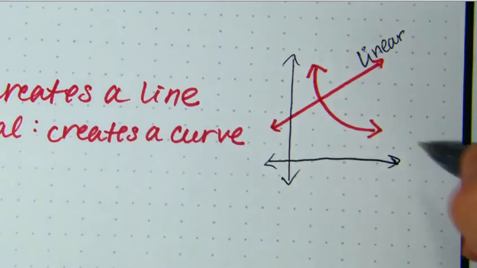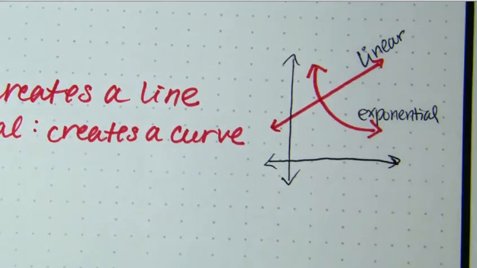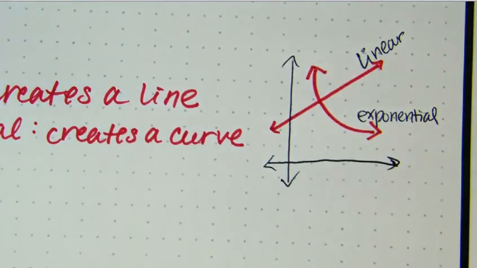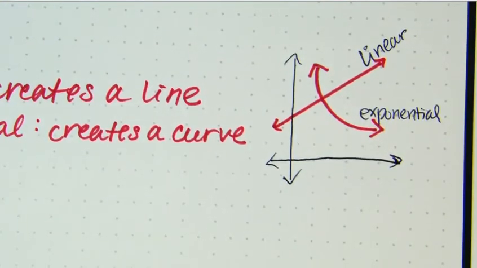And give them a little label. All right. So they are different in their shape, right? One is straight, one has the curve.